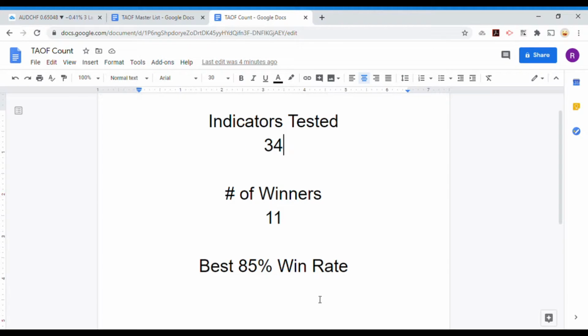Before we get into testing today's indicator though, I wanted to put the indicator scoreboard up for everybody to see. So to date, we have tested 34 indicators, and out of those 34 indicators, we have had 11 winners, which means that they have met or exceeded the 60% win-loss ratio that we have set. The best one so far has had an 85% win rate.